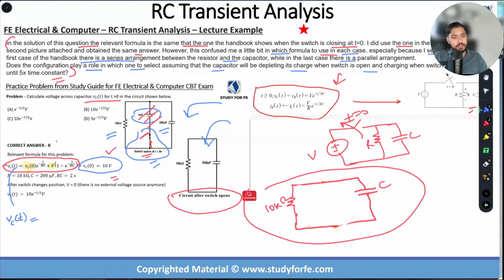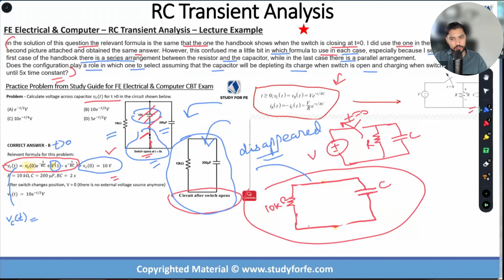So when t is greater than 0, what happens to this big fat V? Do you see the big fat V over here? That 10 volt source? What happened to it? Disappeared.